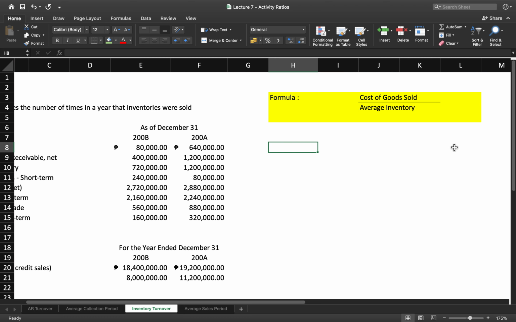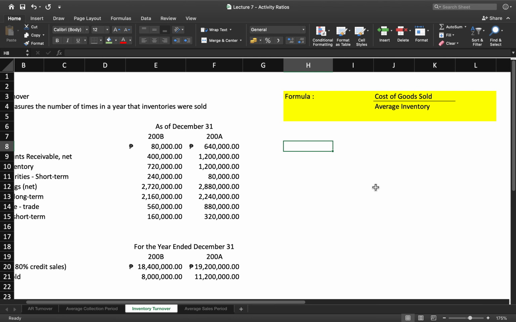So, ano naman ang kanyang formula? So, the formula for inventory turnover is cost of goods sold divided by average inventory. So, average inventory na naman.